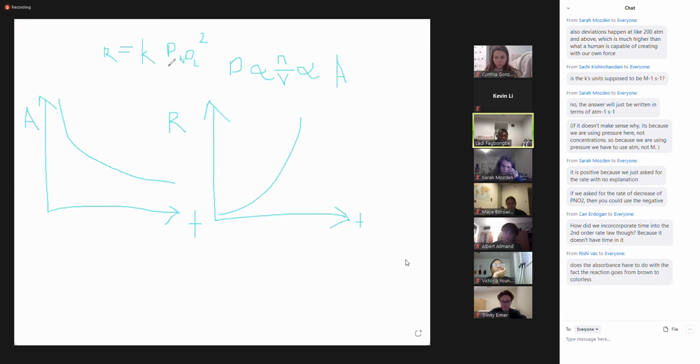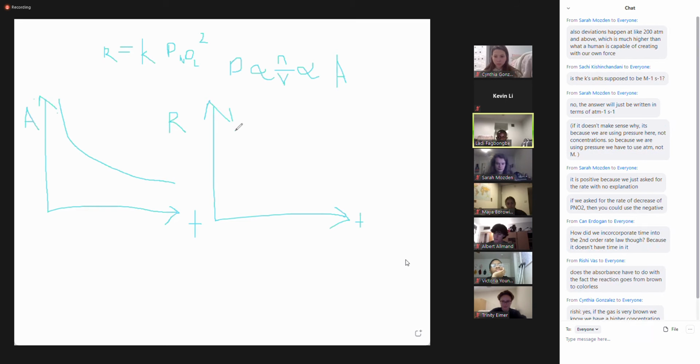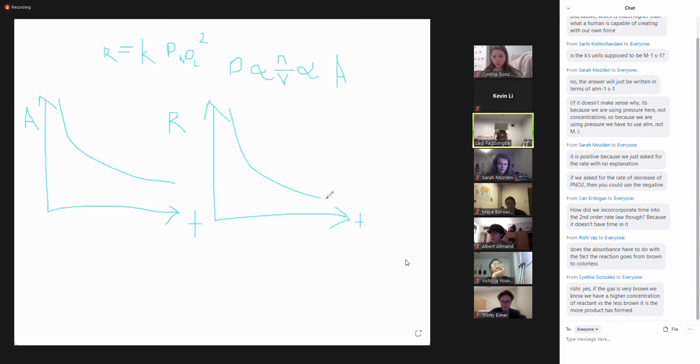This is just a second order rate law, and we know what those look like based on the graphs that we did during our PhD days. So the correct answer is actually what McKenna told us, which is starting high and decreasing over time.